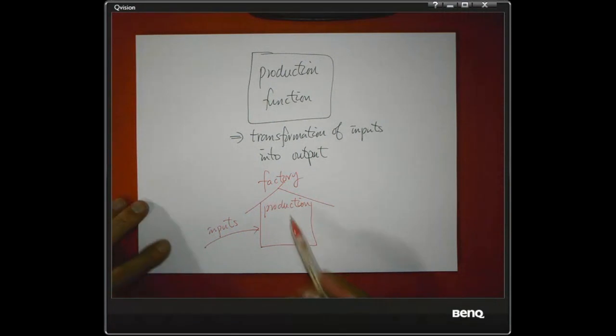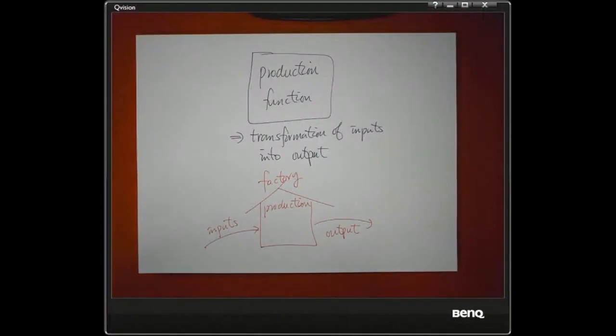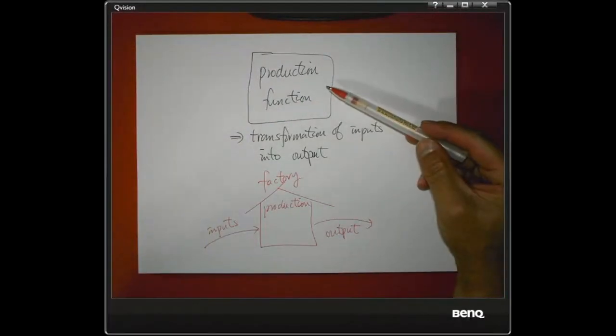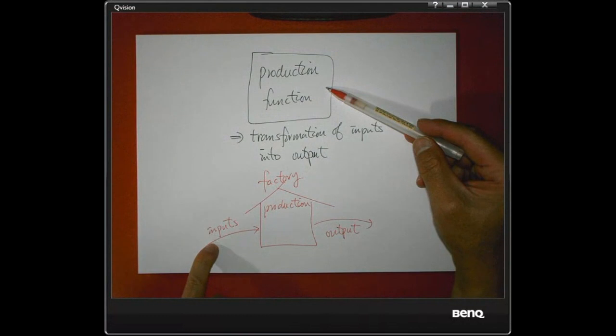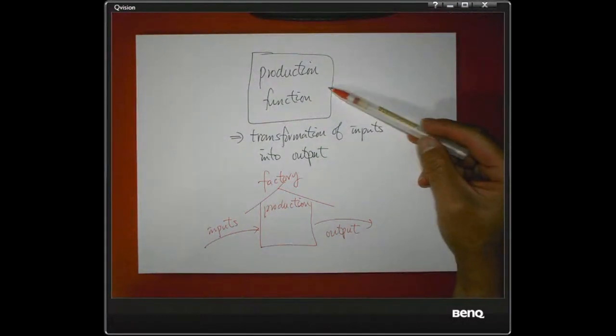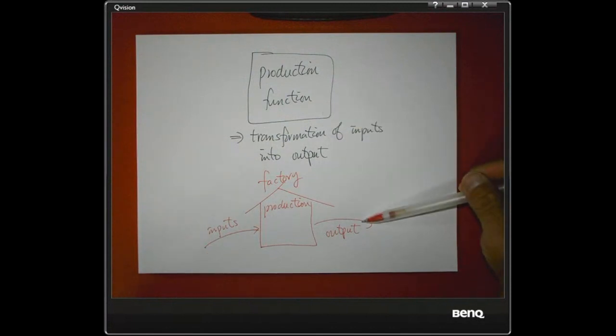And through the production process, the factory will be able to produce output. So the production function tells us how much output can be produced based on how much input we use. In other words, it is telling us how the inputs are being transformed into output.